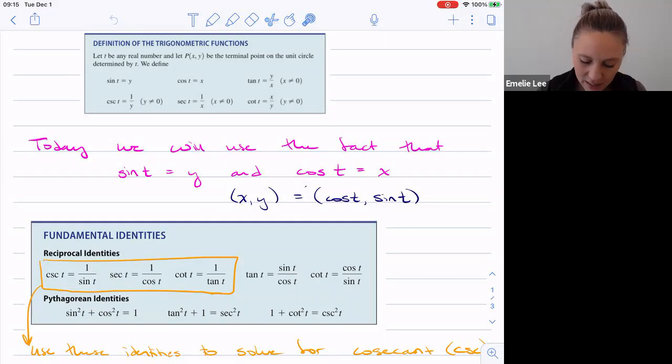Like I said at the beginning, we've got essentially a terminal point, x, y. If we know that x is cos and y is sine, then if we're moving around the circle, we're going to get back to the same point. My technology is failing me today. I think we're back.